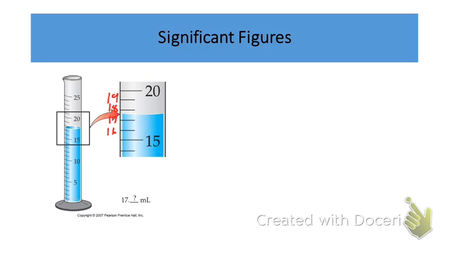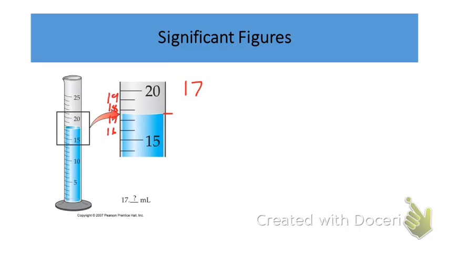So our liquid appears to be between 17 and 18. So it's definitely 17, but it's not quite 18. So what we would say is we would all agree that the volume of this liquid is at least 17 milliliters. So I'm going to write down 17.